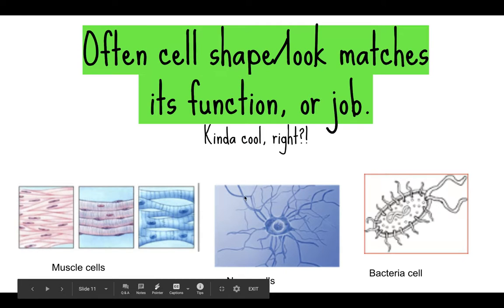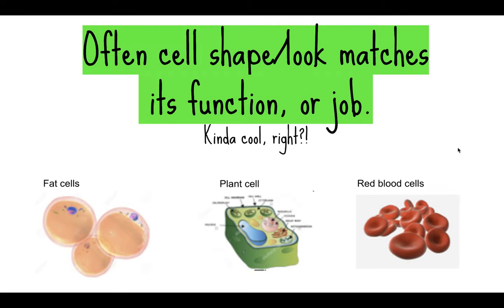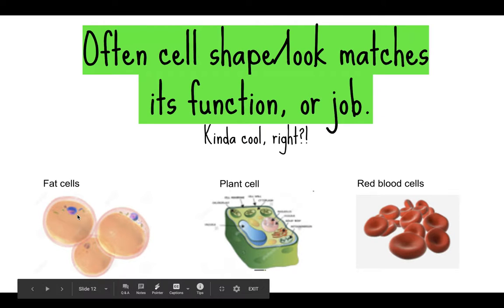Nerve cells have all these different connections. And that bacteria cell is just super simple. They all are very similar in what they are made out of. Again, those fat cells look pretty fat. Plant cells are very rigid. And those red blood cells look more like donuts, I feel.